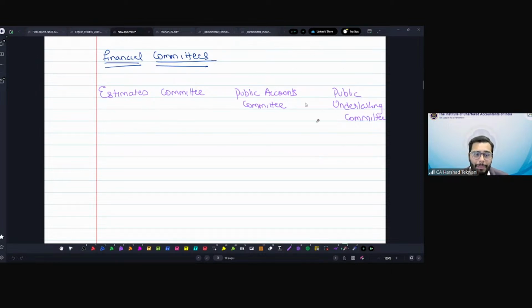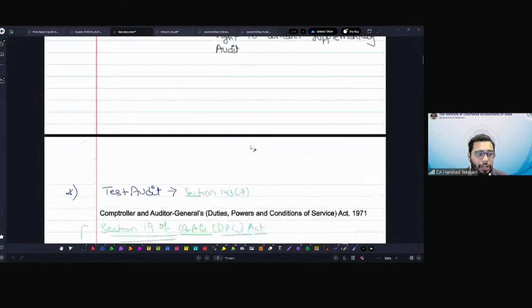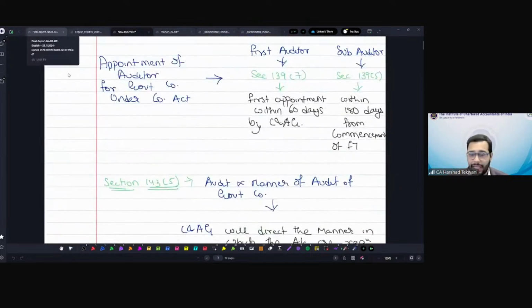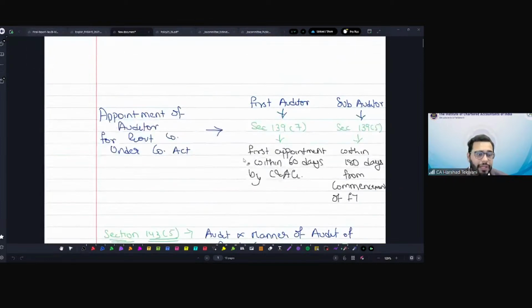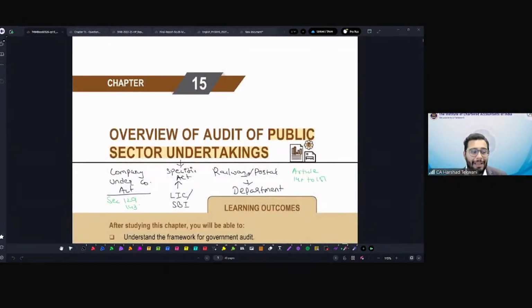Basically, when it comes to the public undertaking committee, they are specifically for the fourth schedule undertakings. So they look at the fourth schedule undertakings. And if you're talking about the definition of public sector undertaking, in my yesterday's session, we discussed what public sector undertakings are.